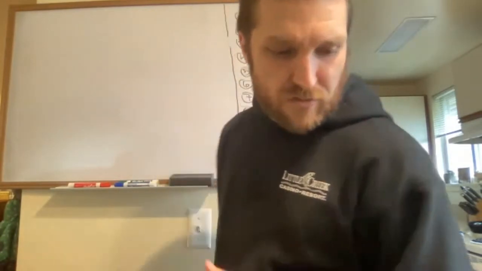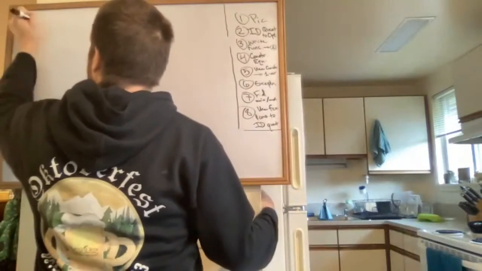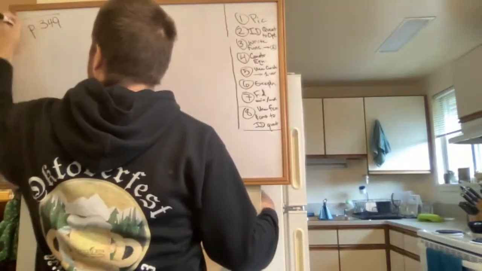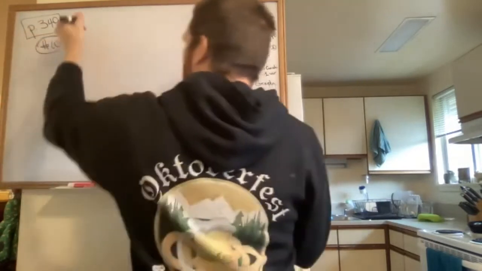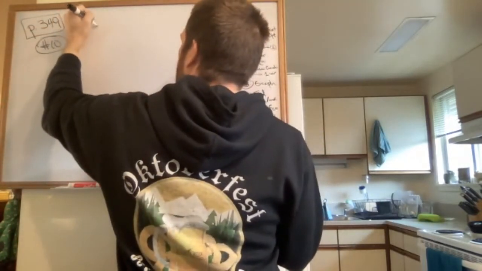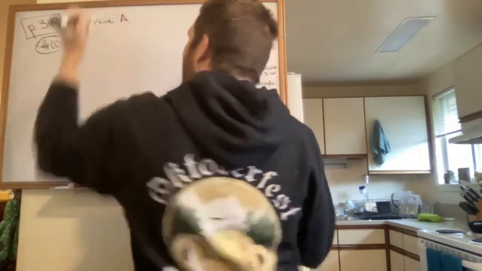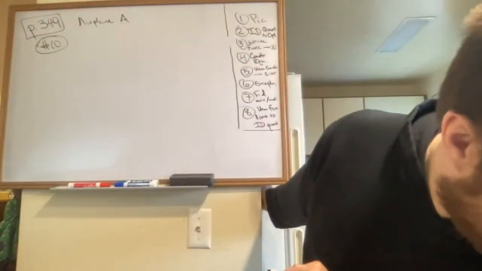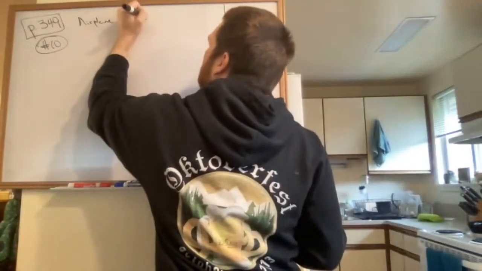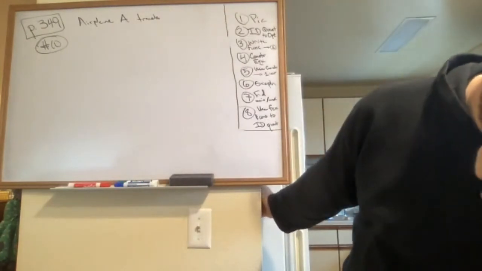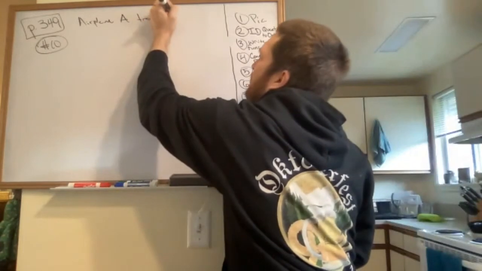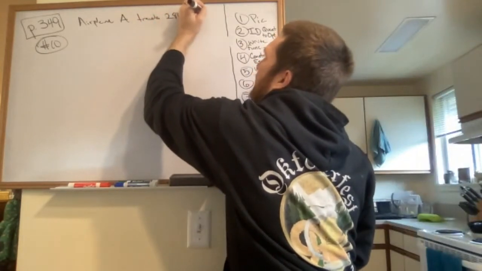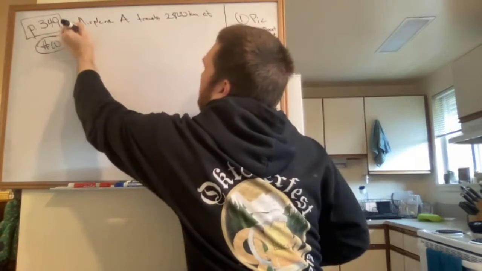It is from page 349, number 10. It says airplane A travels 2,800 kilometers at a certain speed.